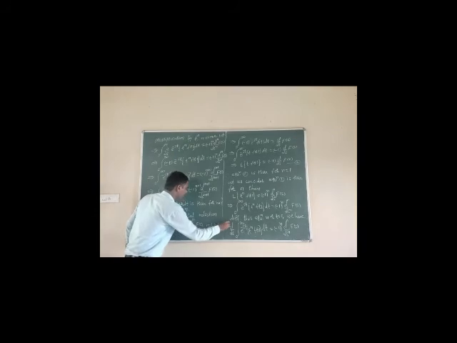So it is valid for all values of n. So in this way, we have proved the result. We proved here the result, that is, multiplication by t raised to power n. This property is proved here.